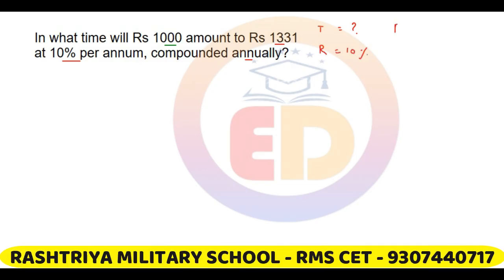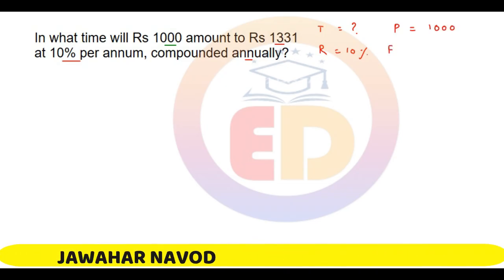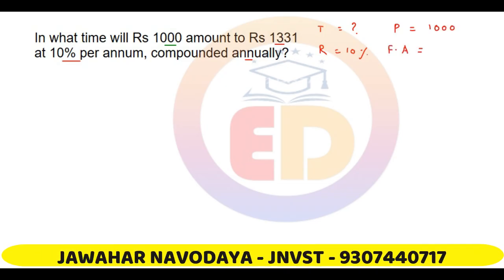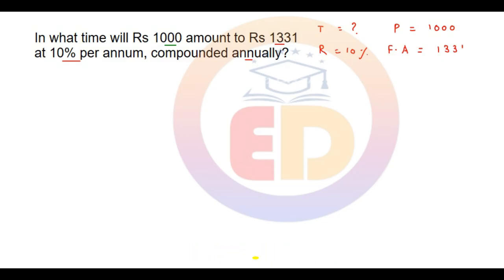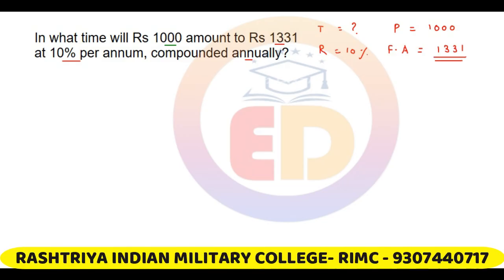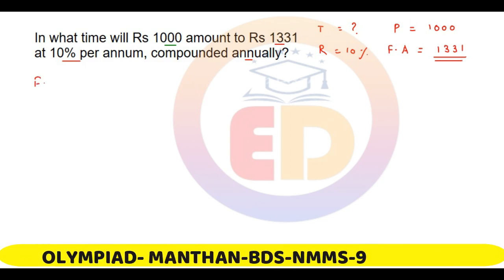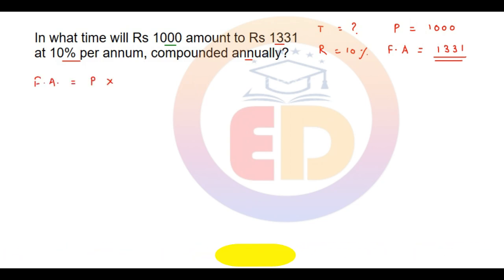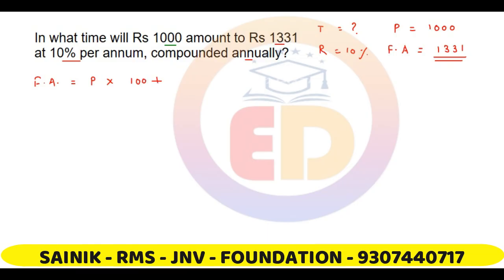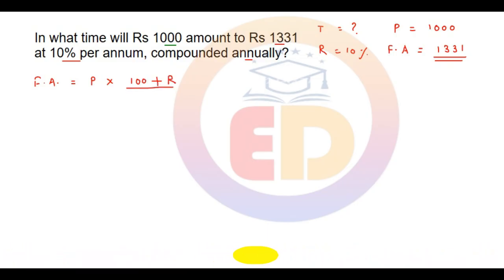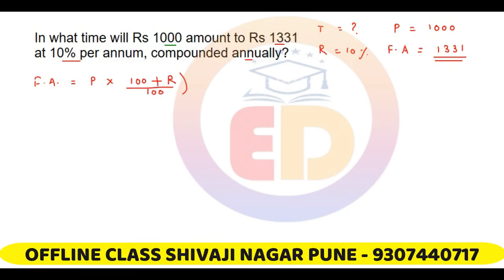Principal amount is 1000 and final amount is 1331. Now this number implies 11 cube. Let us frame the equation. Final amount equals principal multiplied by 100 plus r upon 100 to the power of t.